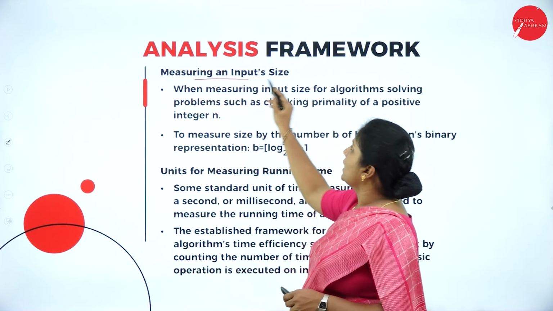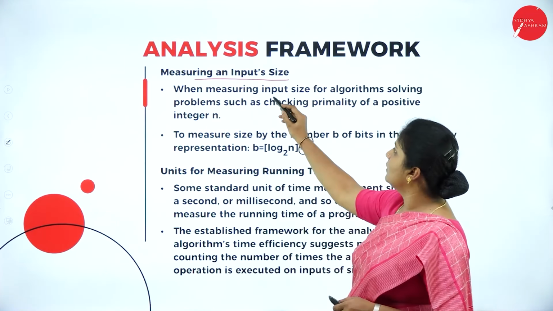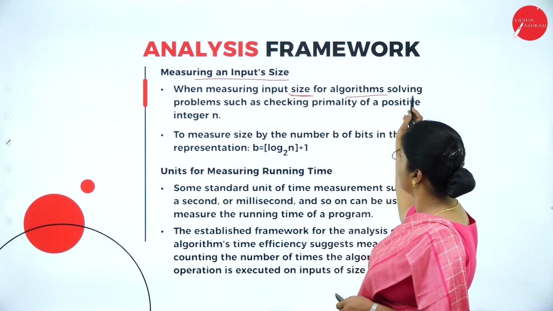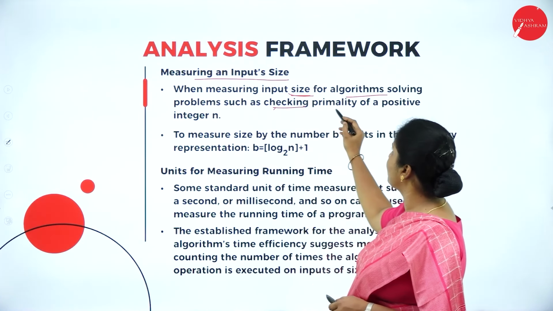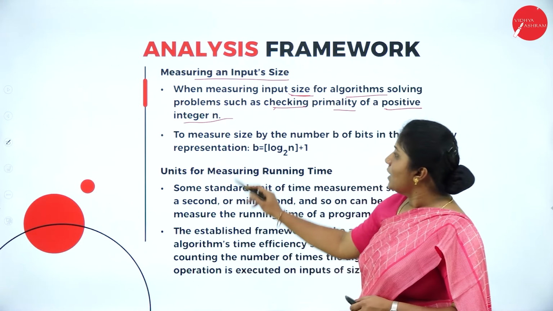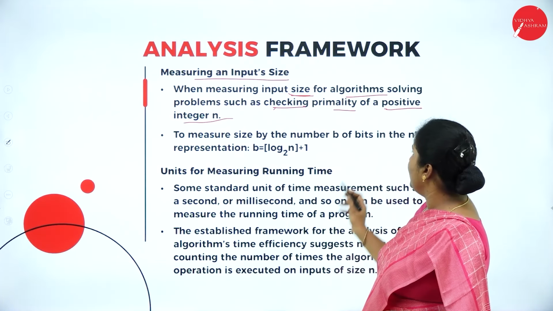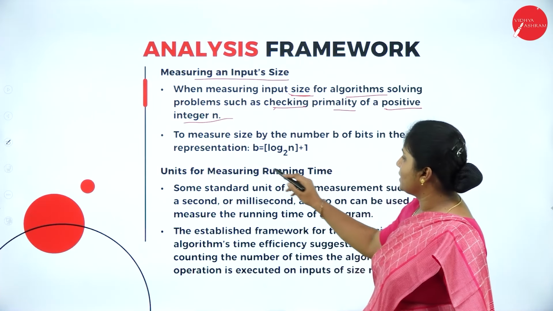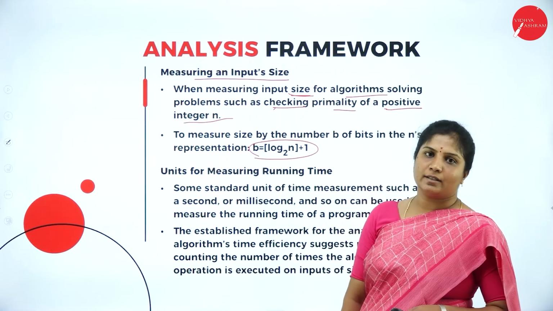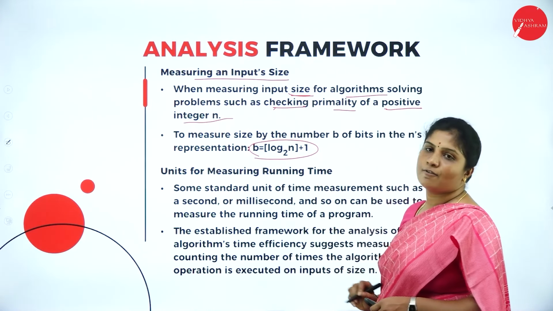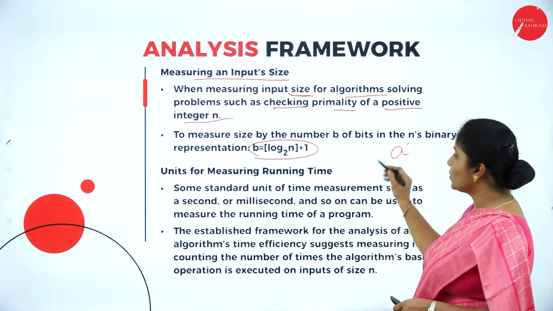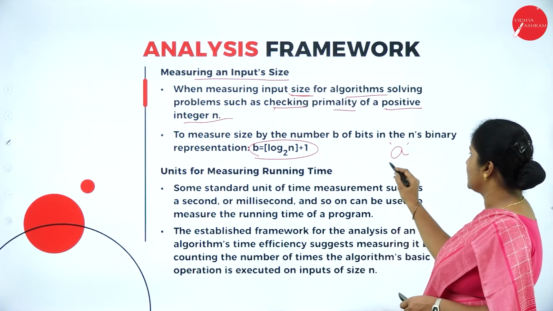Next, we have measuring an input size. We need to measure the input size. When we measure the input size for algorithms solving a problem, such as checking primality of a positive integer n, we measure size by the number of bits in the binary representation of n, given as b equals log n to base 2 plus 1. If I am entering a, it takes it in a bits, isn't it?